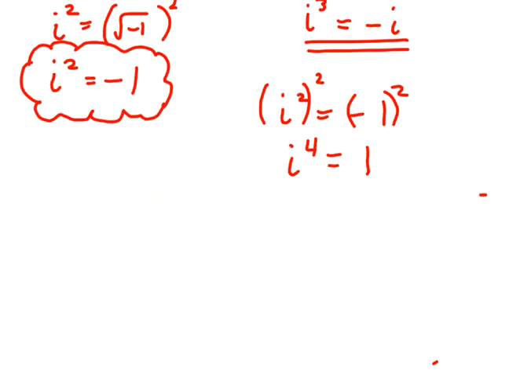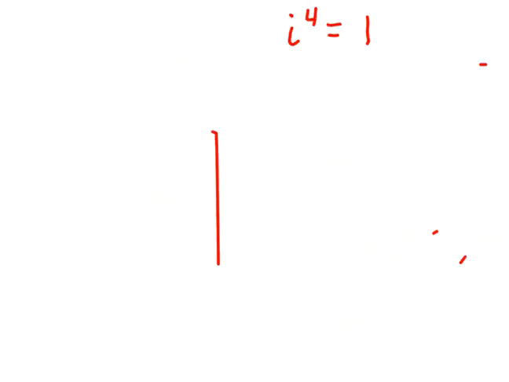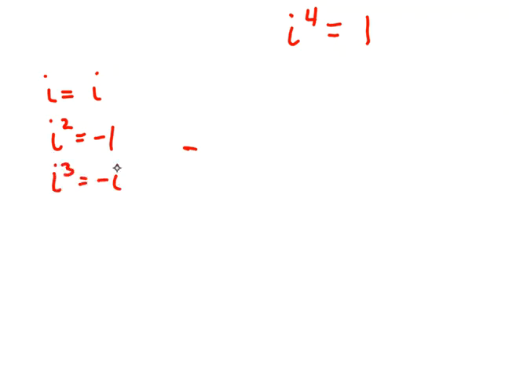You end up with this pattern that emerges. That i is just i. That doesn't have anything special. i squared is negative 1. i to the third is negative i. i to the fourth is 1.